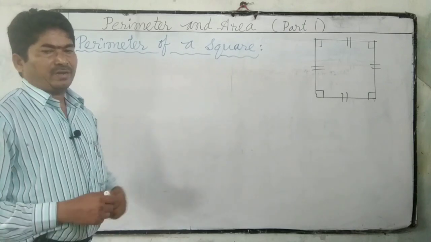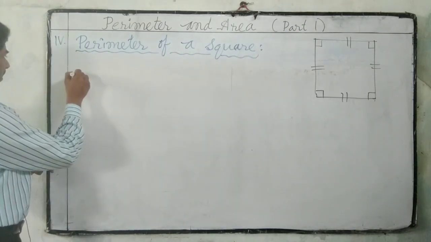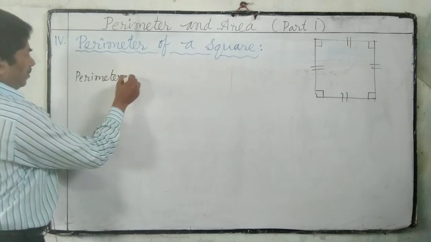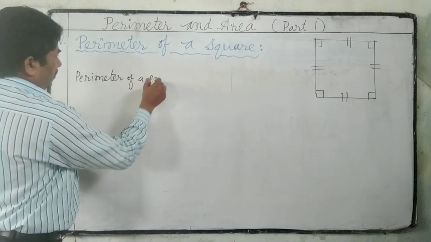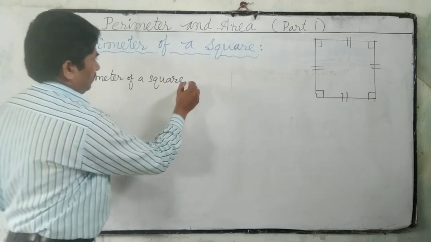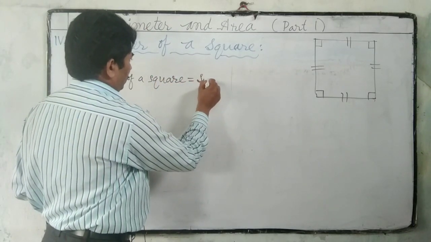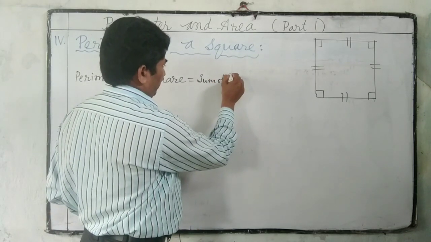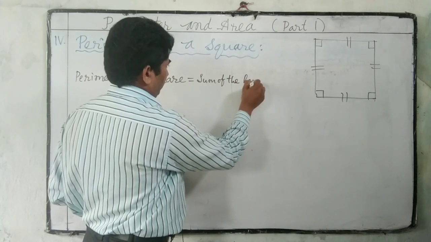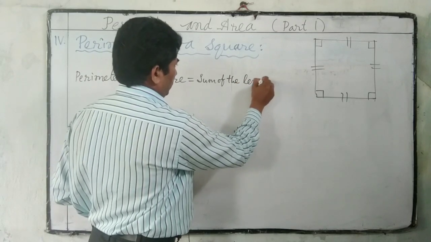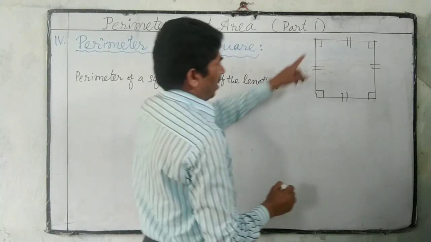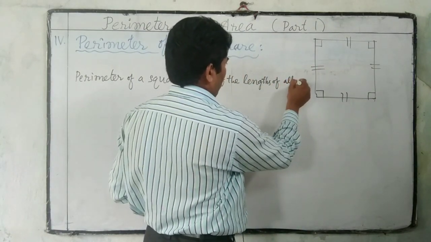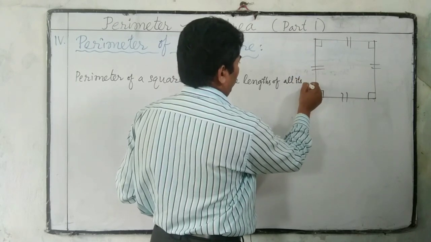Perimeter of a square is equal to the sum of the lengths of all its four sides.